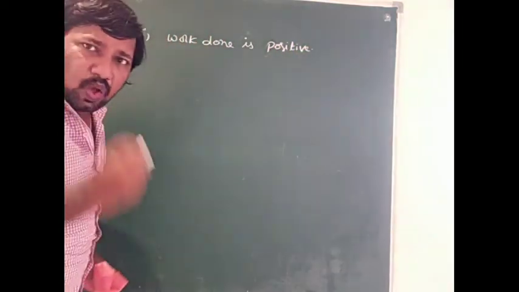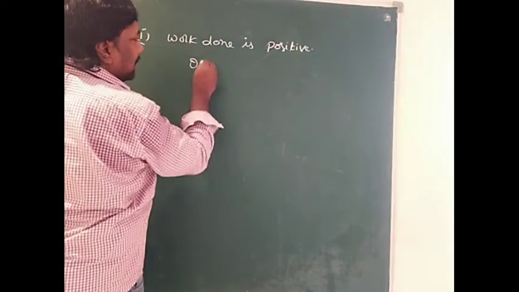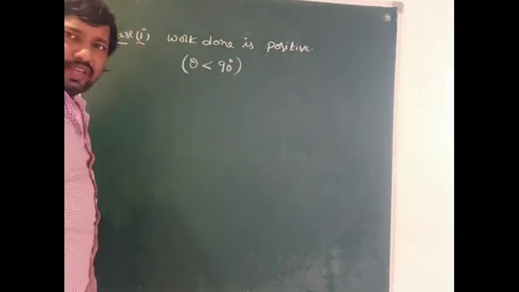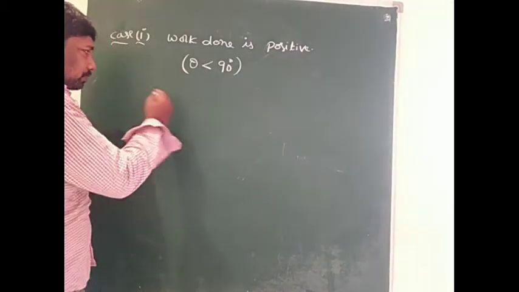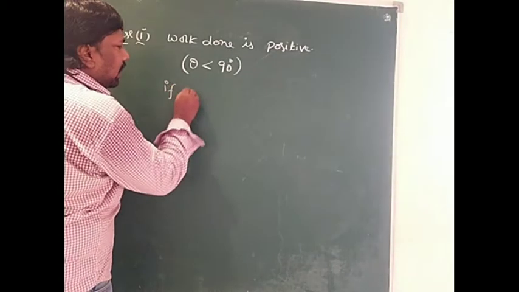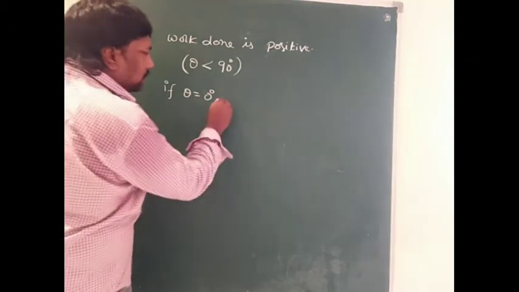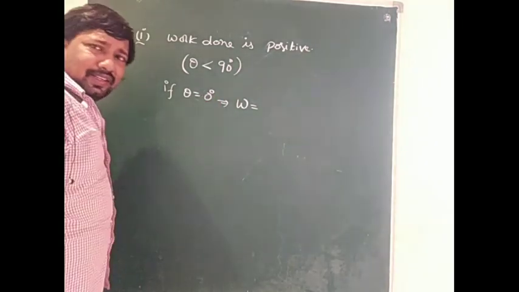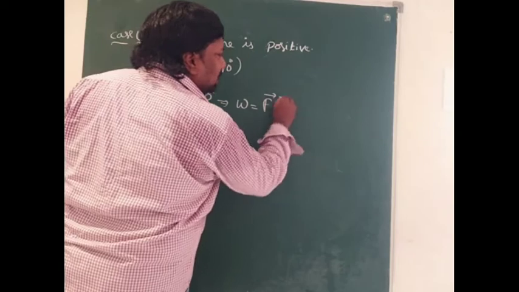Work done is positive when theta is less than 90 degrees. If theta equals 0 degrees, then W equals Fs cos theta, since work done is also defined as the dot product of force and displacement.